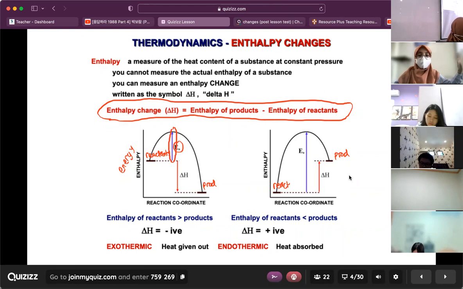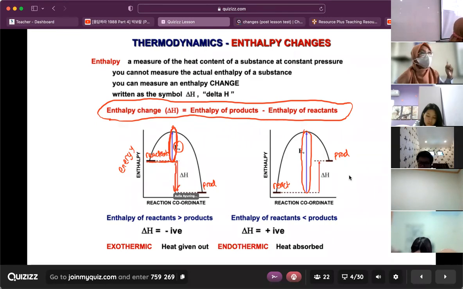The change from the reactants to the top of the peak is what we call activation energy. If we compare the energy needed from reactants to the top of the peak, this one compared to that one, we need more energy for the endothermic reaction compared to the exothermic reaction.